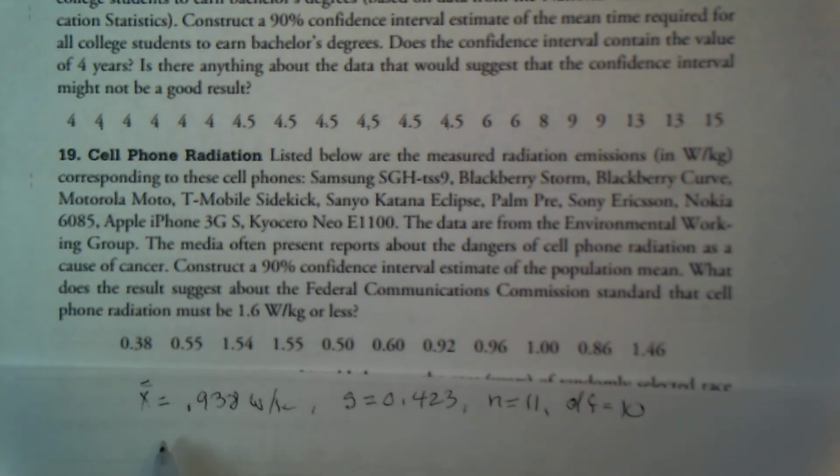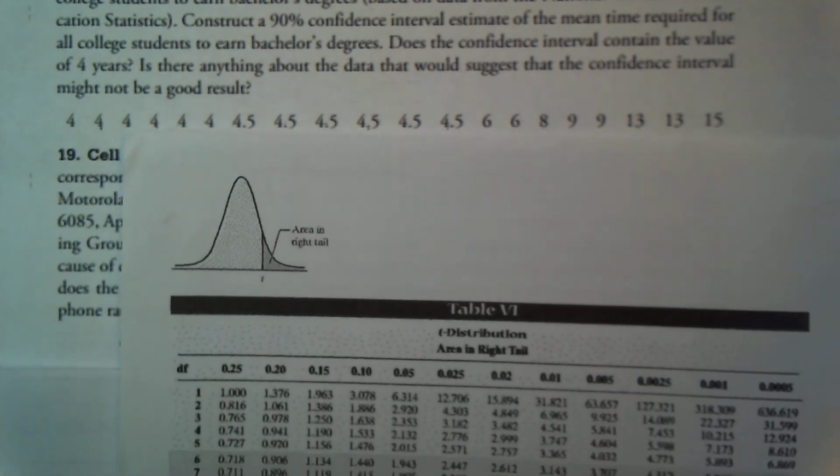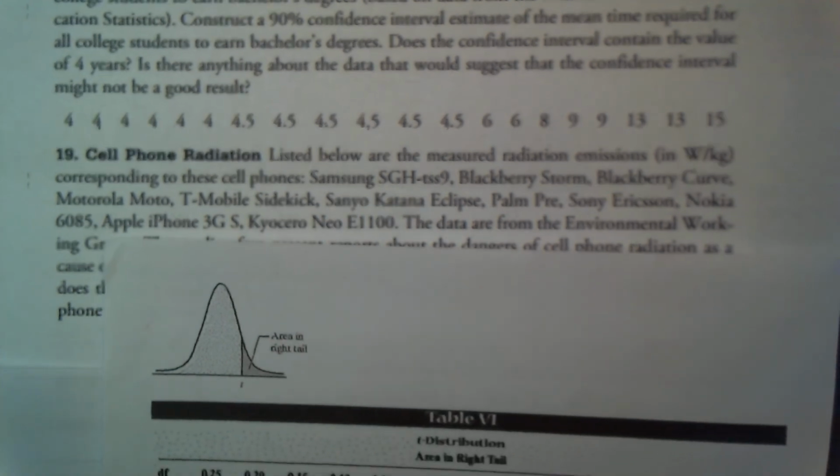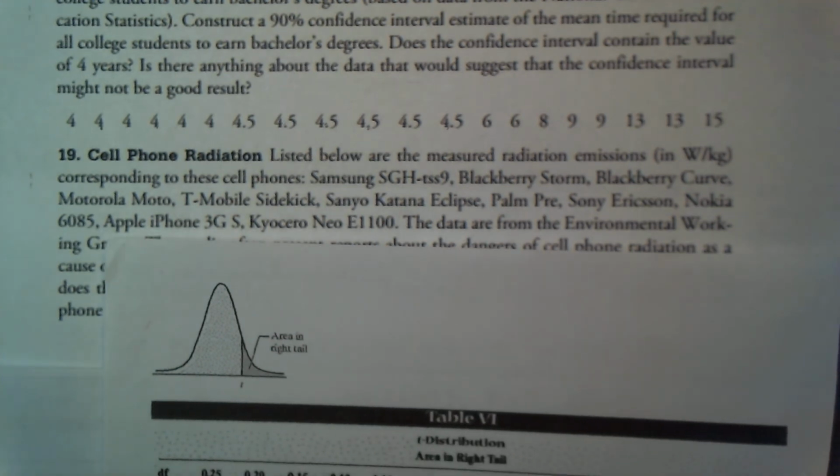And since we have a 90% confidence level, we know that our t sub alpha divided by 2 is equal to t sub 0.05. And when we look at the table, for a degree of freedom of 10 for 0.05, it is 1.80.